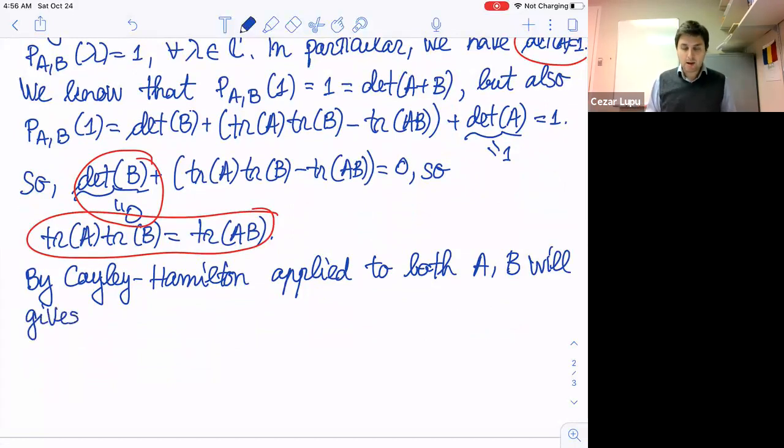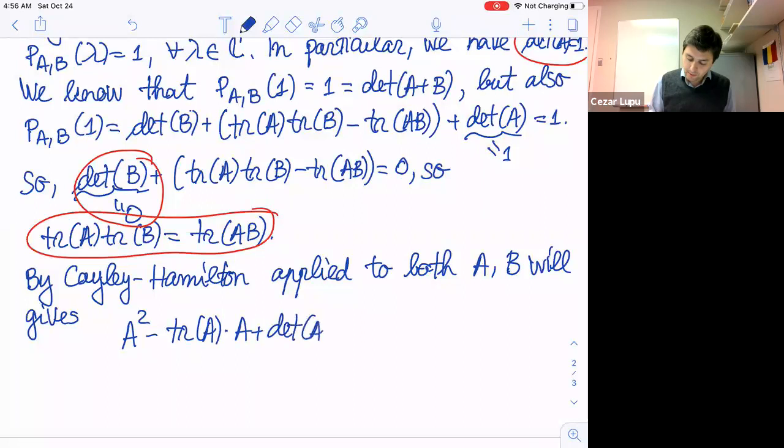keep in mind that we want to obtain any information about B squared. So we need to come up with something related to Cayley-Hamilton. That's impossible not to. So applying this, we'll have A squared minus trace of A times A plus the determinant of A times the identity is O2.